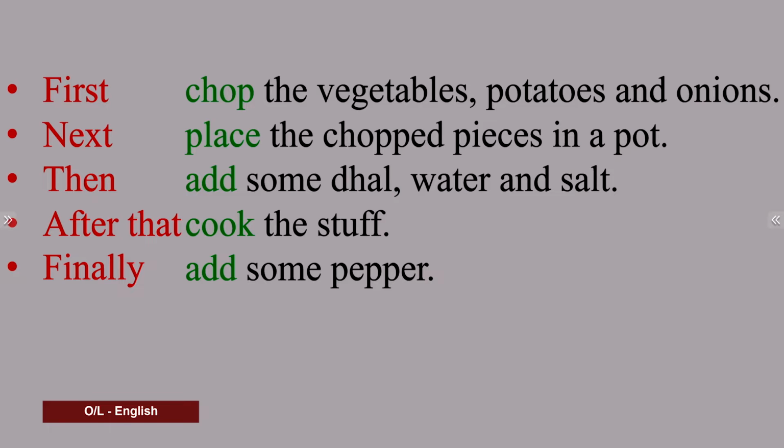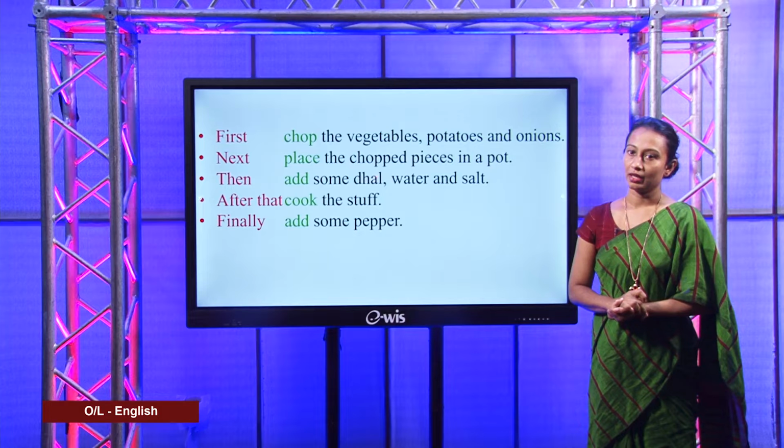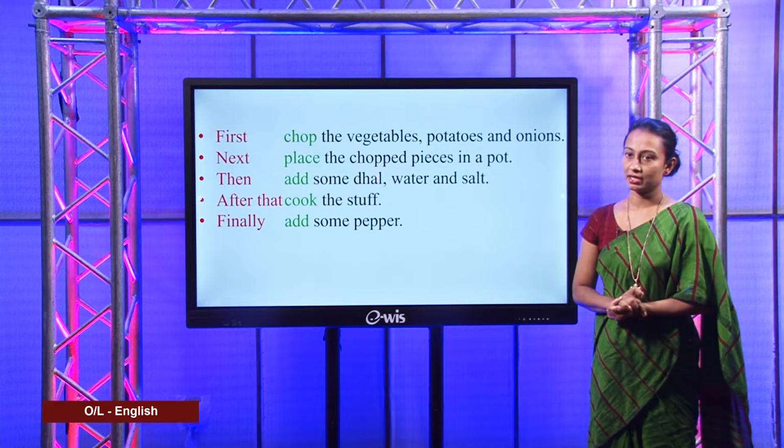Then add some dal, water and salt. After that, cook the stuff. Finally, add some pepper. Children, can you understand the difference between the set of instructions with sequence words and without sequence words? Hope you understood the difference.